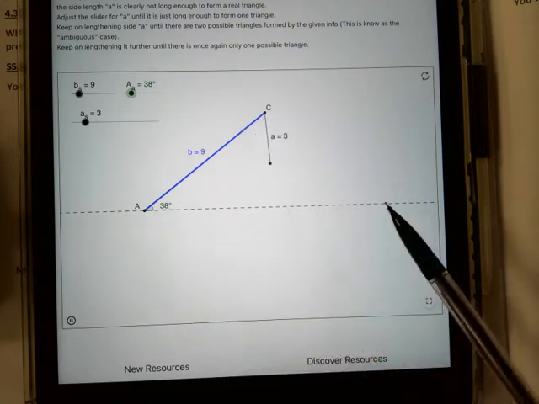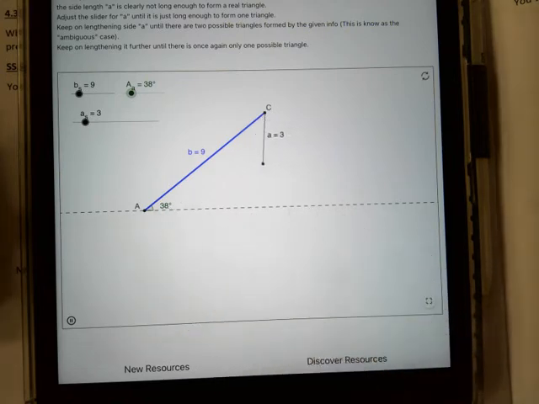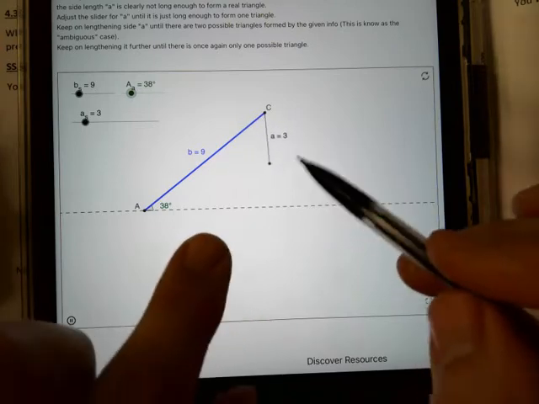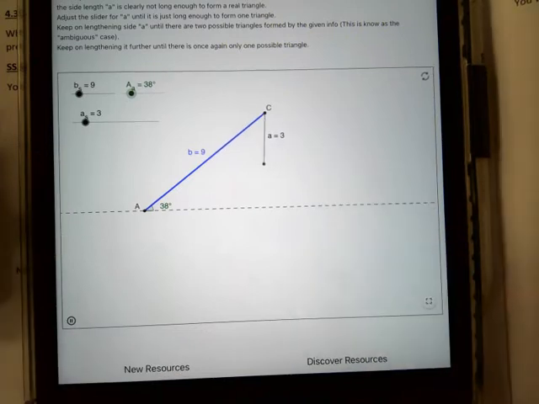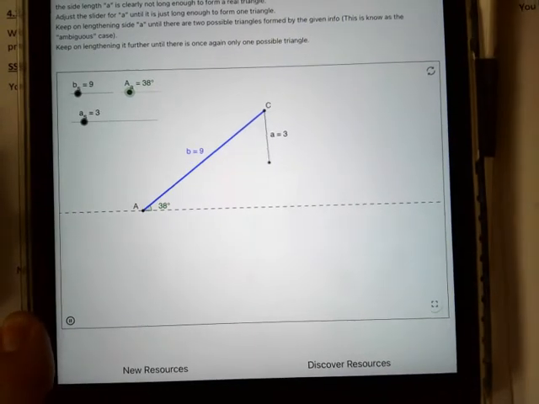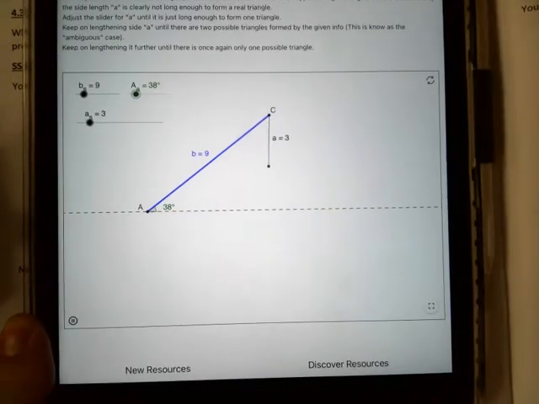The dashed line is unknown to us. Pretend that's the floor you're standing on with your rod and fishing line, and you're going to see if that line is long enough to even make a triangle. In this case, you can clearly tell that the line is not long enough, so you would not be making a triangle there.